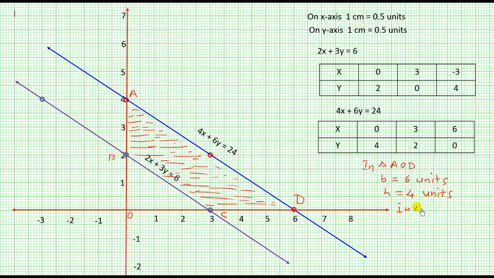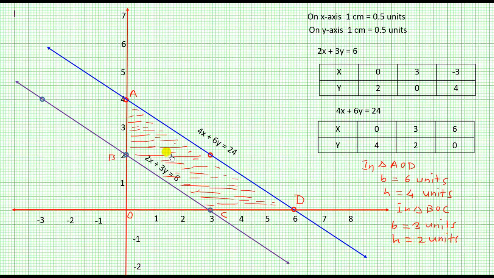Now in triangle BOC, the base will be up to 3, so the base will be 3 units and the height will be 2 units.